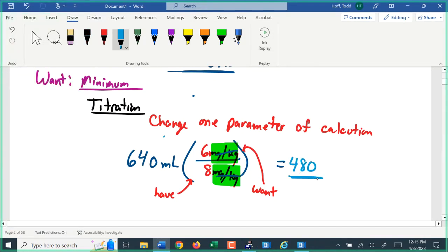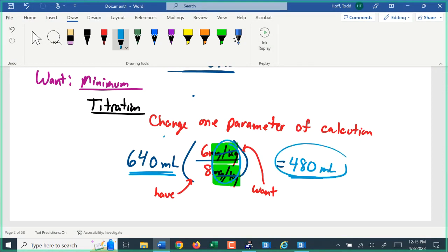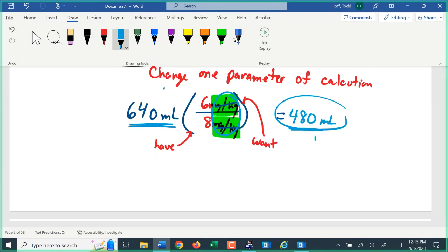The units on this will be the same as the units we started with because these units canceled out. So that's 480 milliliters would be the minimum dose. So that means our acceptable range here would be from 480 milliliters to 640 milliliters.